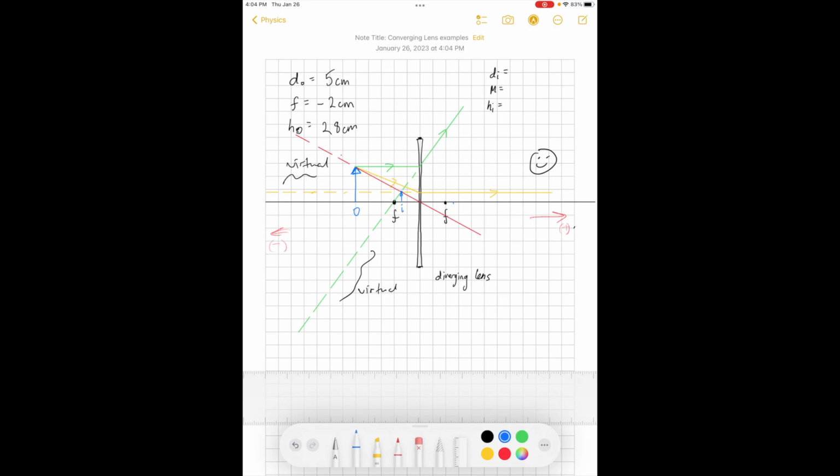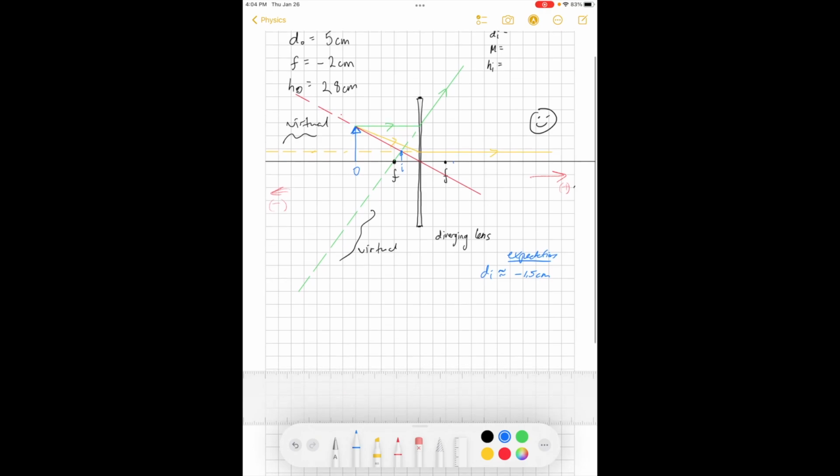It kind of looks like perhaps the image distance, let's expect it to be, these are the expectations, maybe around minus 1.5 or so, if we didn't draw this too terribly. We can definitely see the magnification is positive because the image is upright, but it's certainly less than 1, so the expectation is the magnification lies somewhere in here.